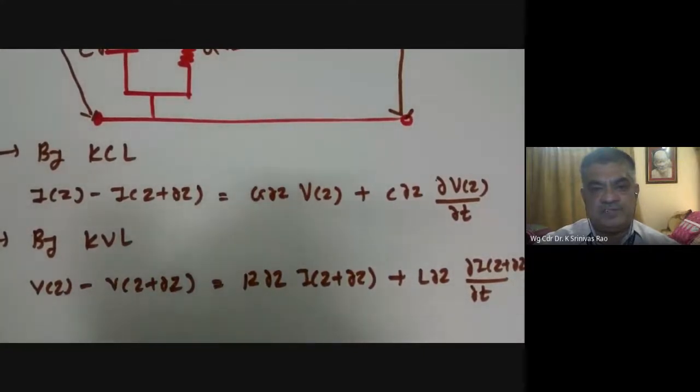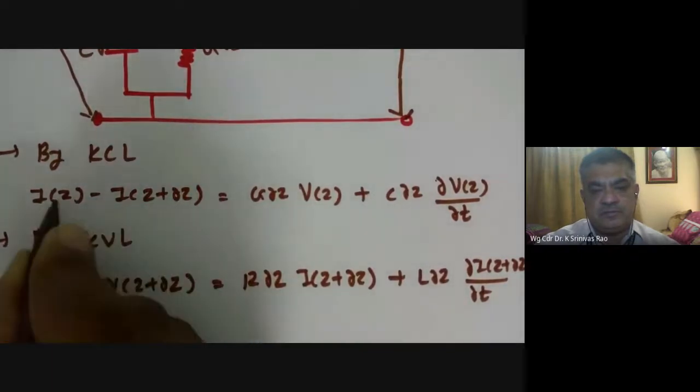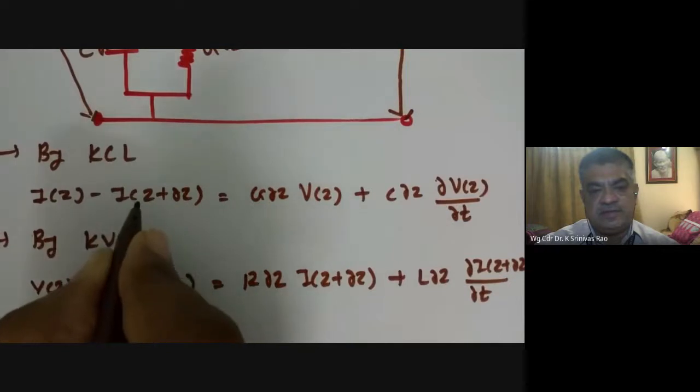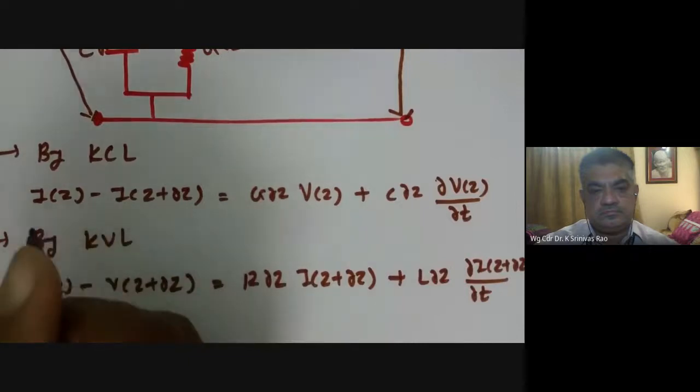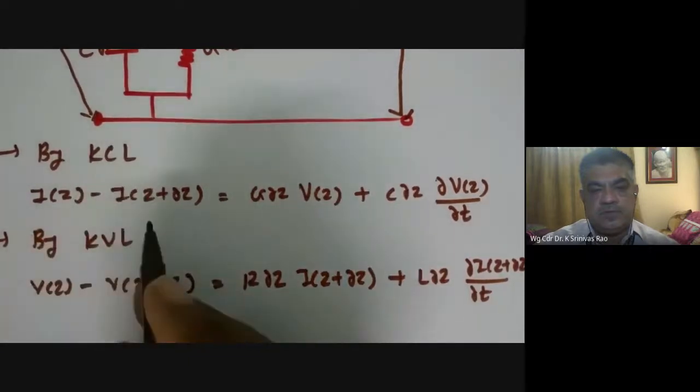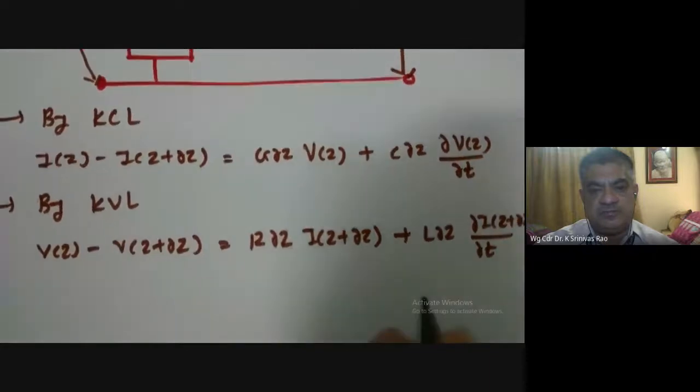By partial differentiation, we can write further equations for the current I(z) and I(z + Δz). Now we have to do the partial differentiation of these equations.